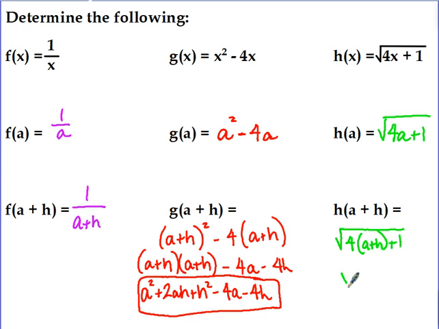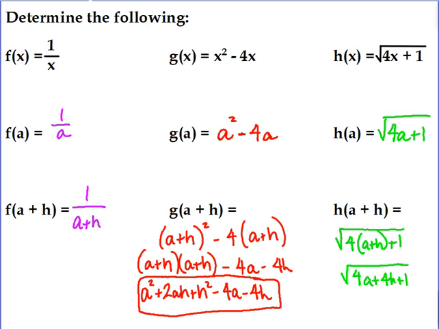So this will end up being 4a plus 4h plus 1. So this is just some algebra review reminding you that whatever is in parentheses, that's what we're going to plug into our original equation. And I'm using a and a plus h for a reason. That's because that's what we're going to be doing today. So you'll see that in just a moment.